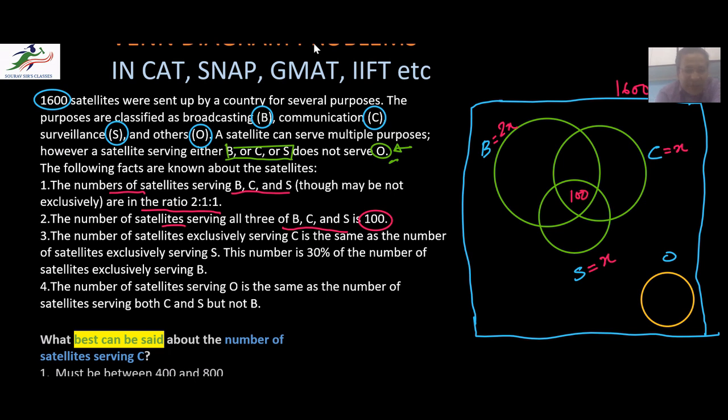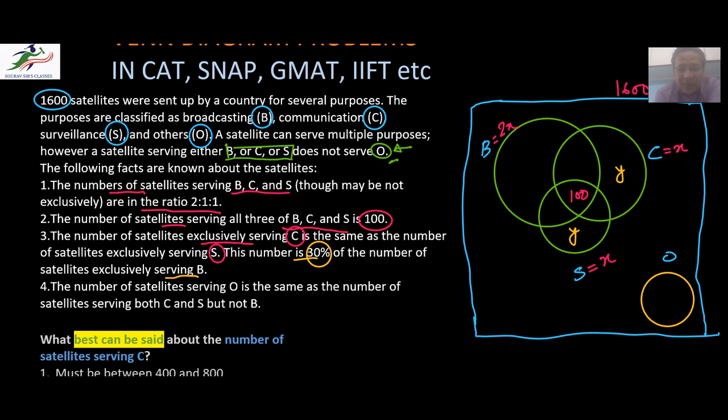Then it says the number of satellites exclusively serving C is the same as the number of satellites exclusively serving S. So exclusively C will be, let's say, y, and exclusively serving S would also be y, and this number is 30% of the number of satellites exclusively serving B.